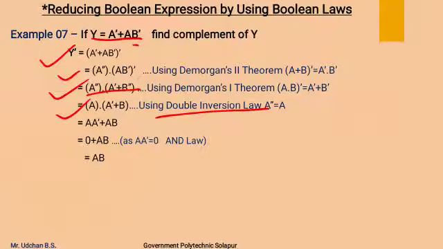Now multiplying these two terms, we get a into a complement plus ab. As a into a complement gives you 0, the equation gets reduced to ab. This is how we can use De Morgan's theorem to find the complement of any expression.